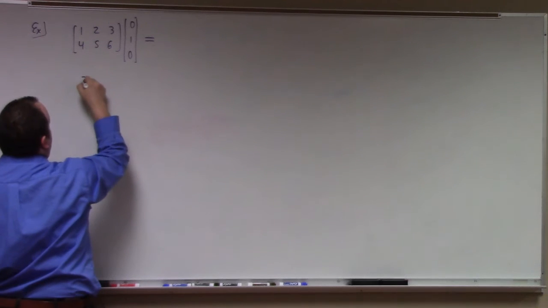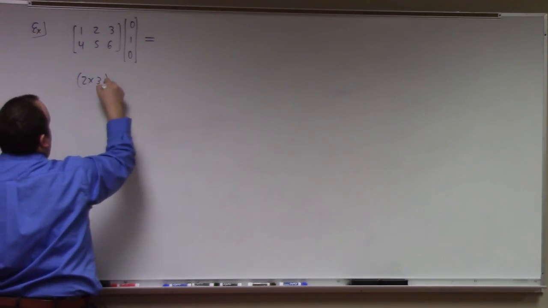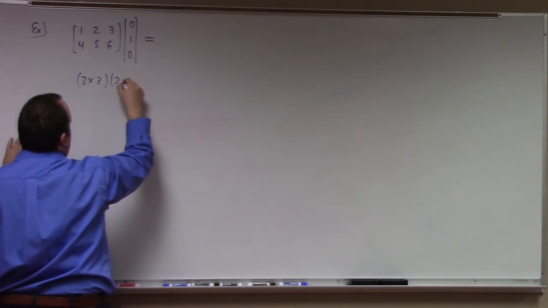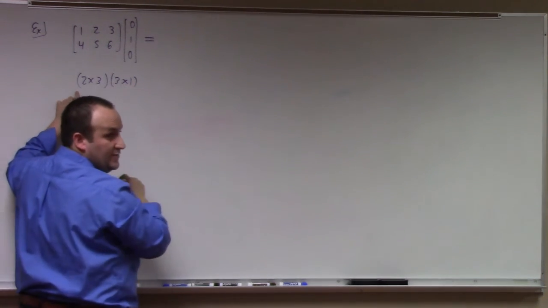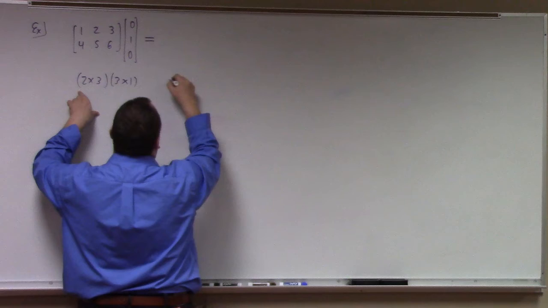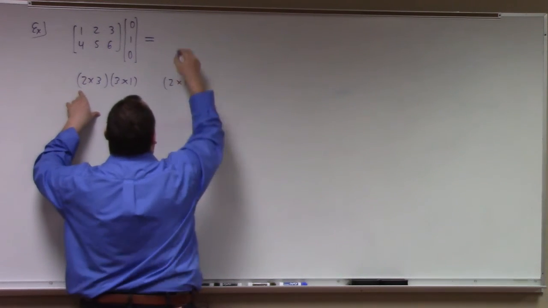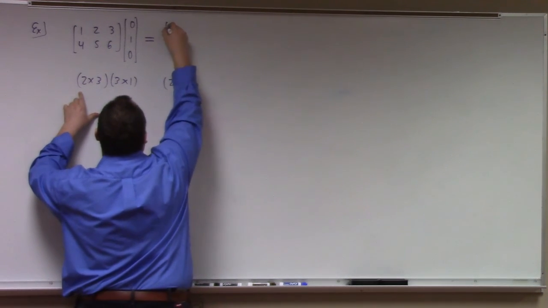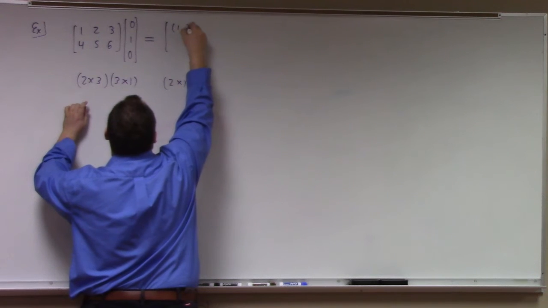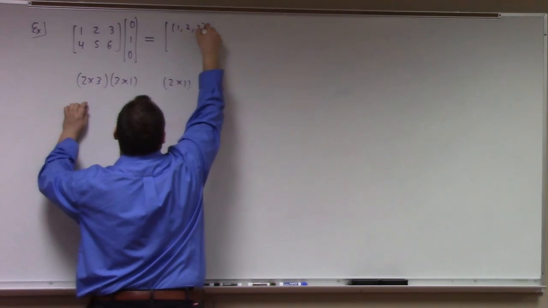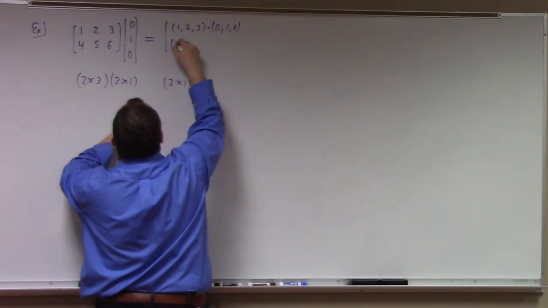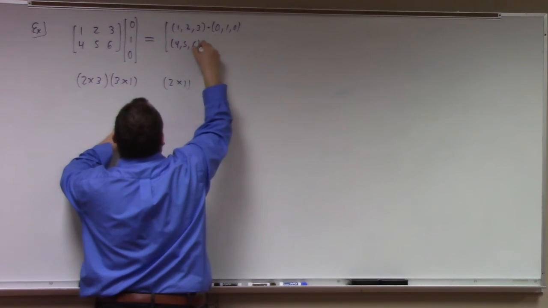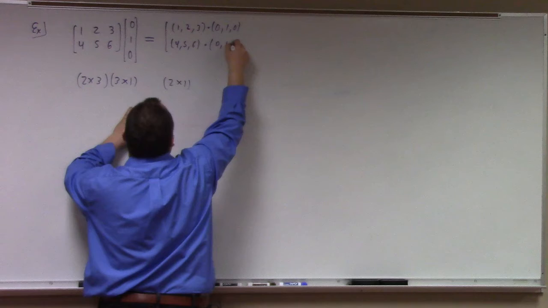This is a 2 by 3, and I'm multiplying it by a 3 by 1. So what I should get over here is a 2 by 1. And in particular, I get 1, 2, 3 dotted with 0, 1, 0, and 4, 5, 6 dotted with 0, 1, 0.